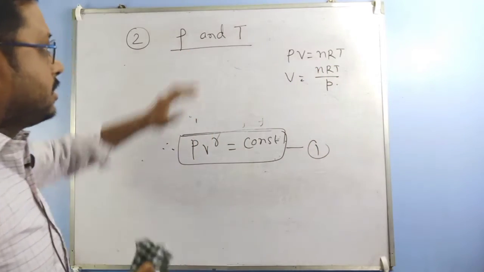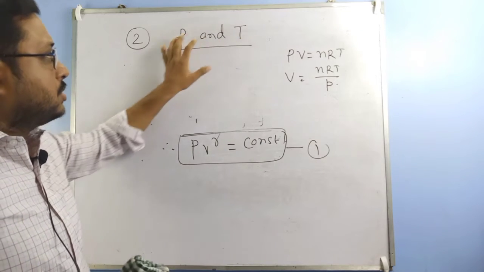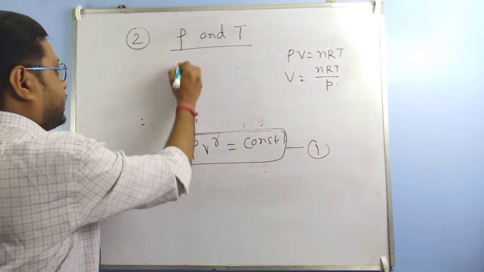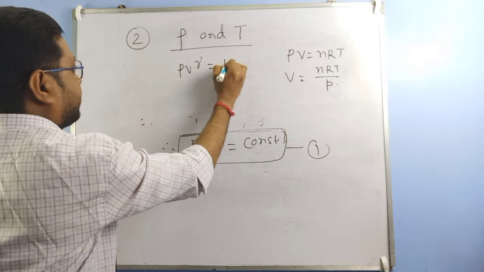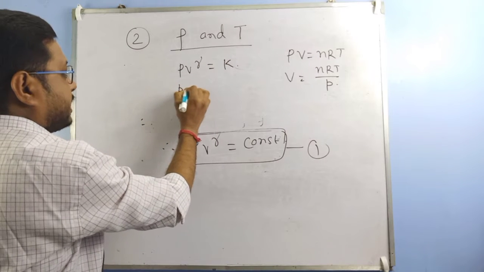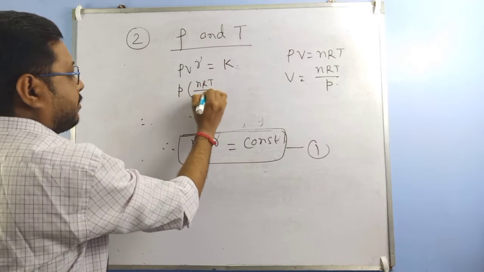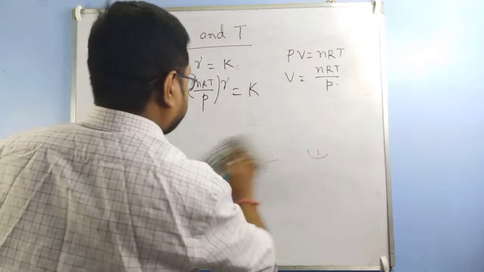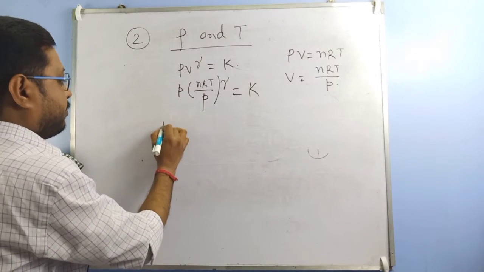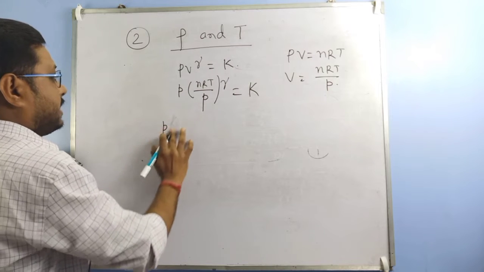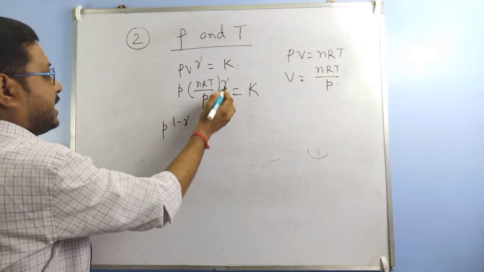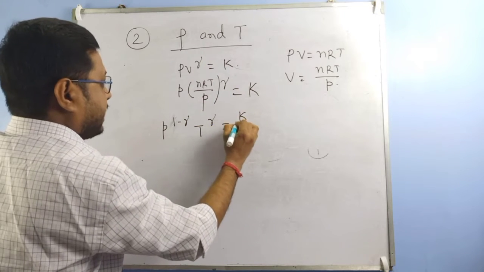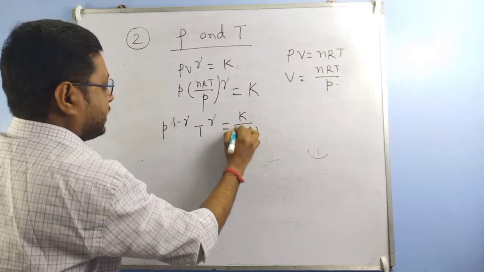For the relation we want to prove, we keep the two variables, P and T, and exclude the third term, that is V, in terms of P. So we have PV to the power gamma equal to some constant. In terms of V we get P times (nRT by P) to the power gamma equal to K. So we get P to the power 1 minus gamma times T to the power gamma equal to K by nR to the power gamma.